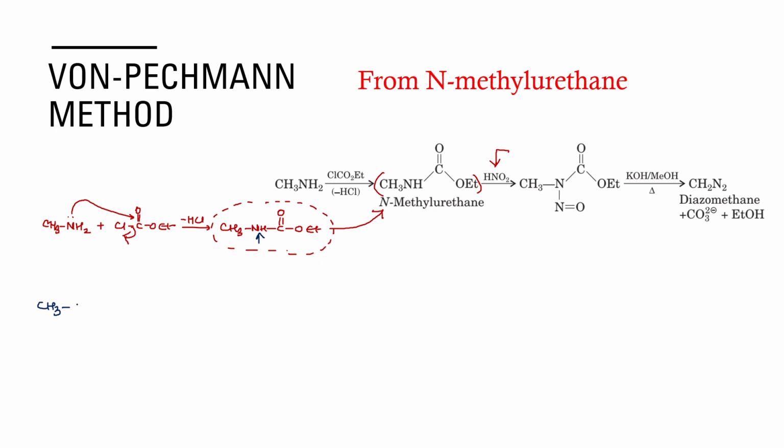So CH3 N double bond O, and it reacts with OH minus, attacks over here, and let's say we remove this at one go, and we get CH3 N double bond N O minus plus ETO C double bond OH.